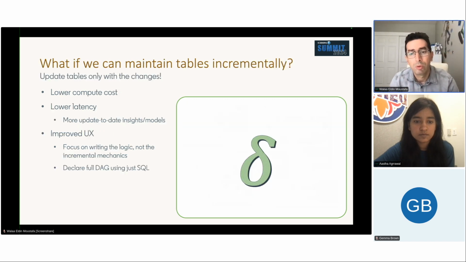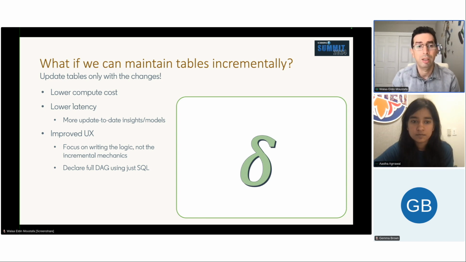So to address those issues related to the diversity of technologies used in data lakes, as well as the growth in data, and to make users more productive and the systems more efficient, we propose a new user experience for automatically maintaining data and compute incrementally.